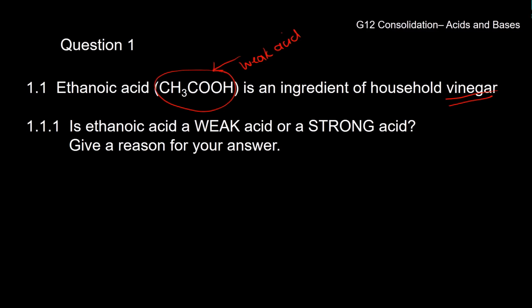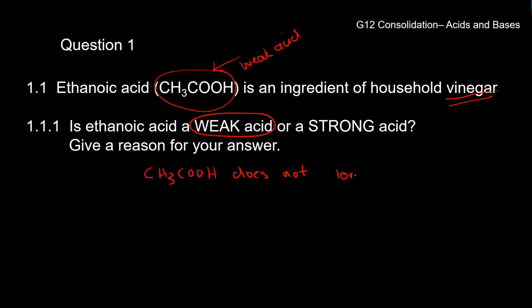And that's actually the first question that says, is ethanoic acid a weak acid or a strong acid? And so we're going to say it is a weak acid. And what reason are we going to give? Well, we need to say that in particular this acid, so you can either use the formula or you can use the name ethanoic acid, does not ionize completely.